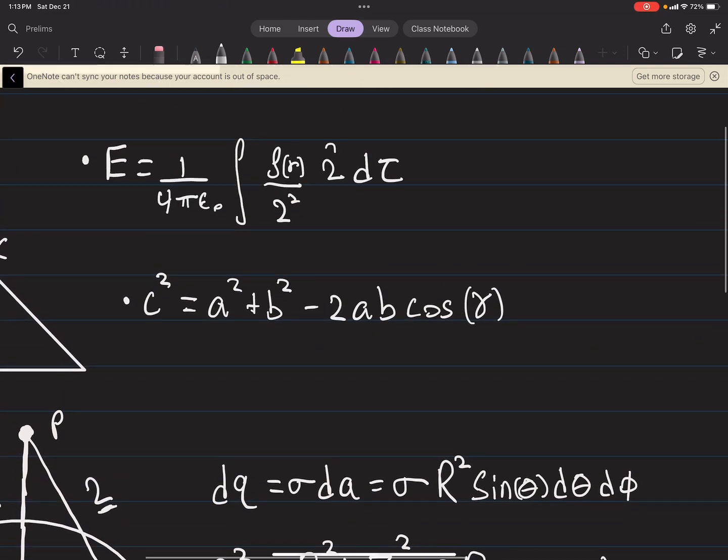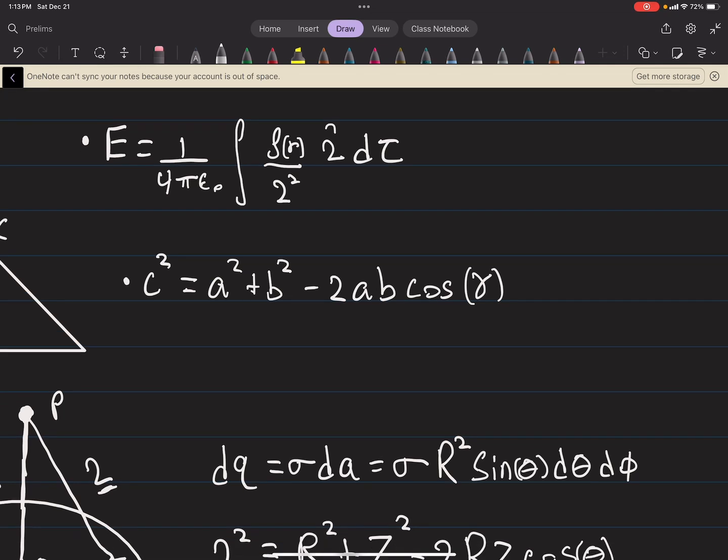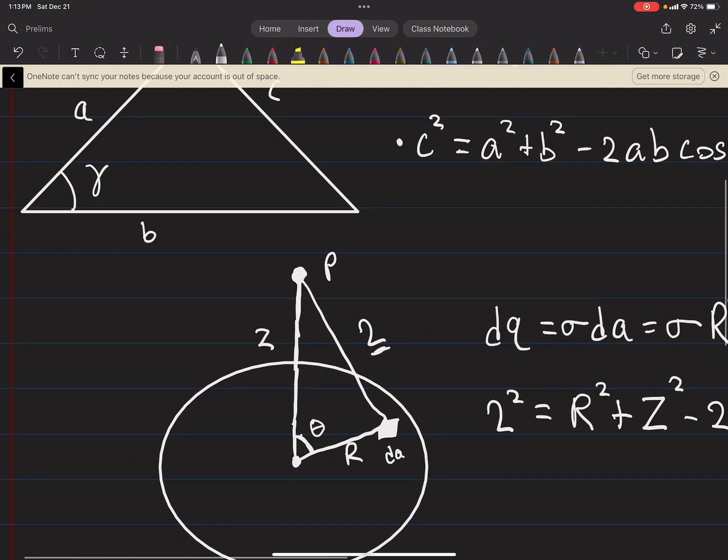Okay, so if we look back at our equation, we have our charge distribution, we have r squared. Now, the other thing we want to do is think about the electric field. This has been a recurring theme with these sorts of problems. Whichever charge distribution you pick, as you go around the circle, these horizontal components will cancel.